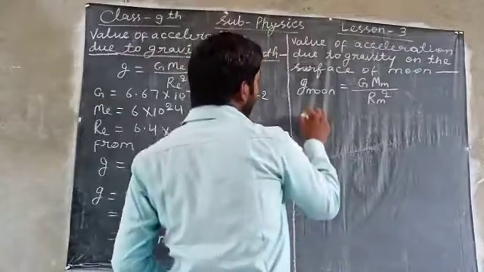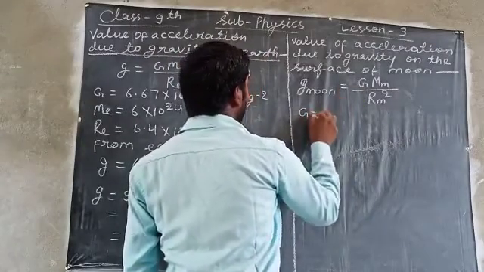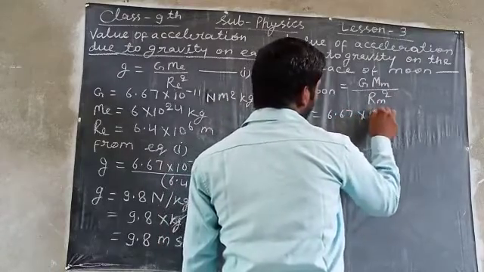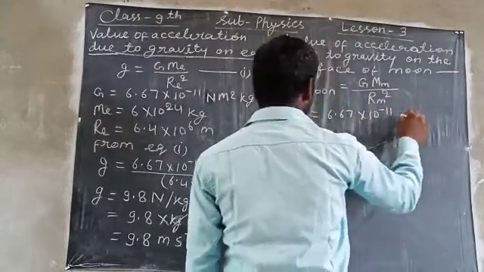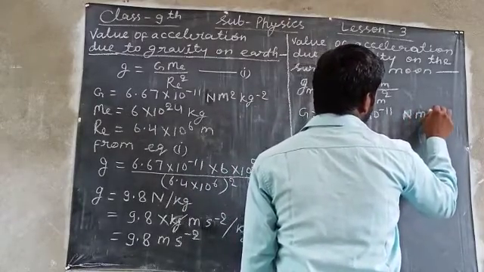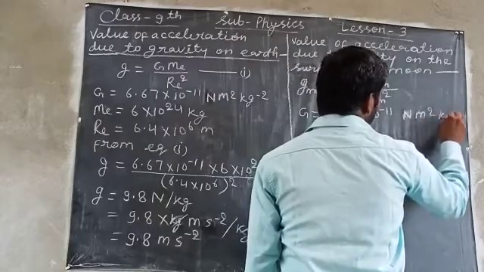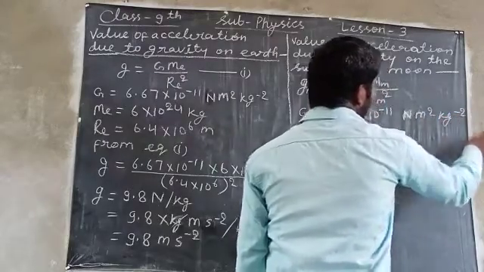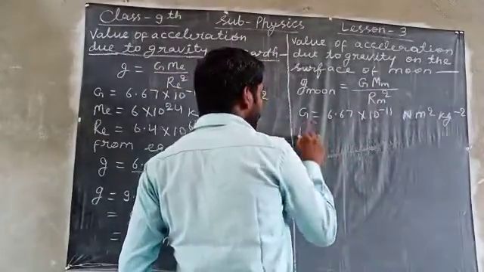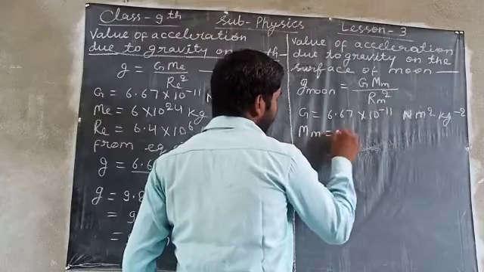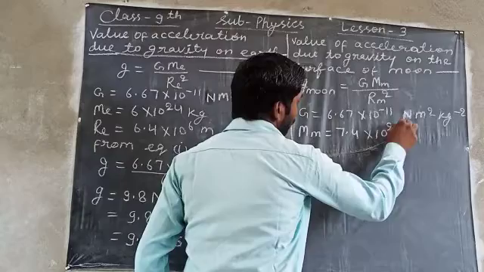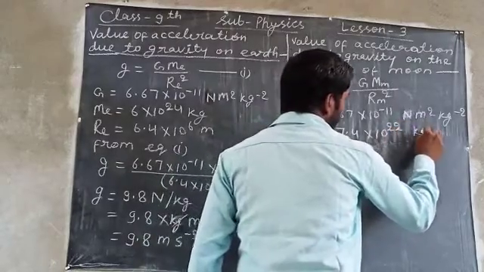So G we know: 6.67 into 10 to the power minus 11 Newton meter square per kilogram square, and the mass of the moon is 7.4 into 10 to the power 22 kilogram.